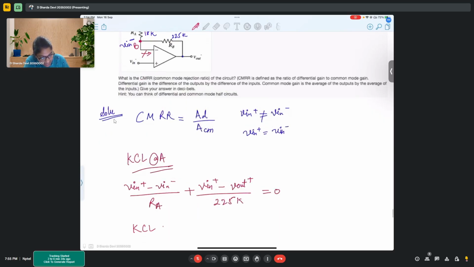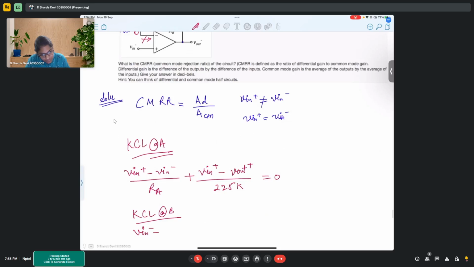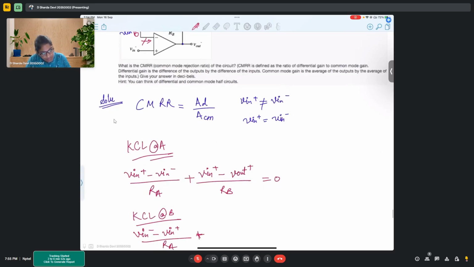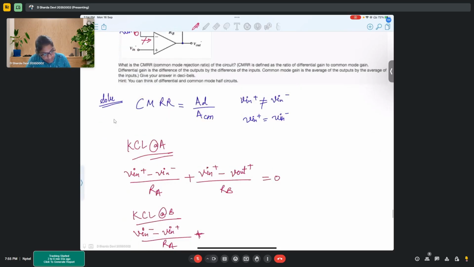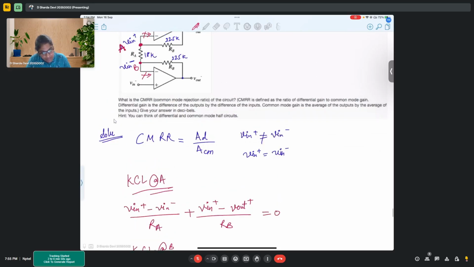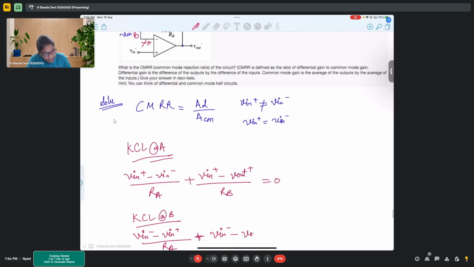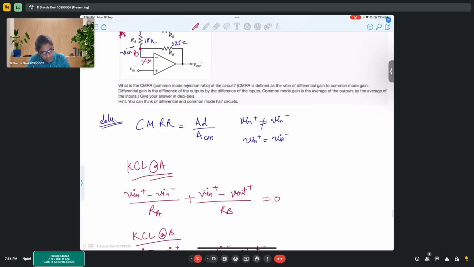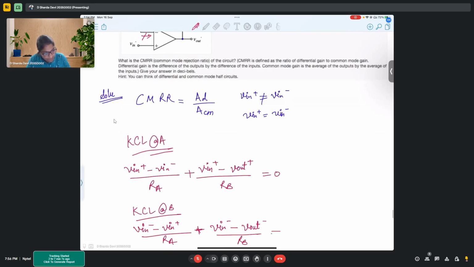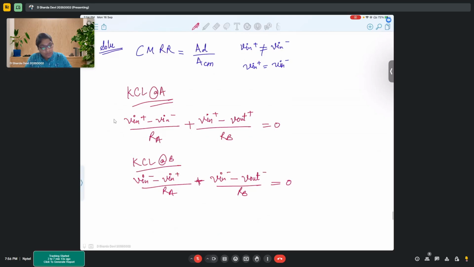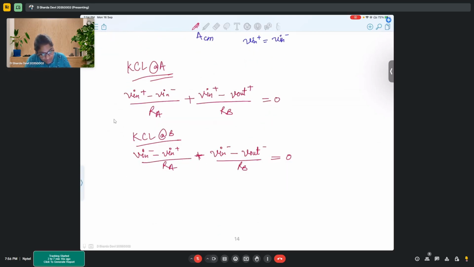Now, similarly, when you write KCL at B, it turns out to be Vn minus minus Vn plus on Ra plus, so maybe I'll write Rb, and here it is Vn minus minus V out minus by Rb equal to 0.